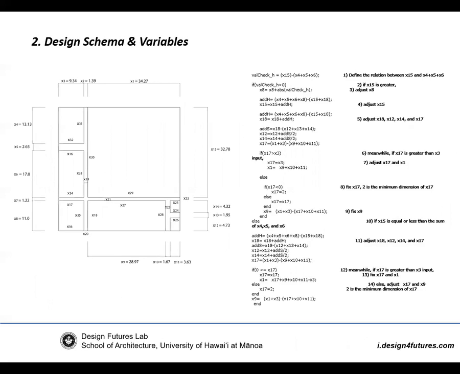With the schema, the 36 line segments are defined as design variables. The reconstructed geometric representation of the painting is illustrated with the dimensions in the figure on the screen, and also the design schema translates into the design rules in the script on the screen.